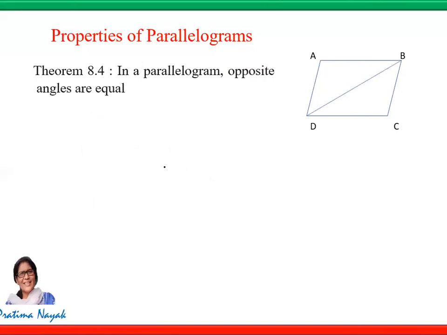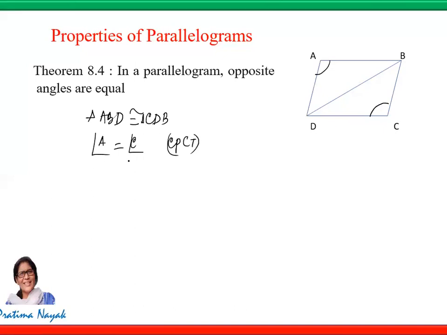Next, in a parallelogram, opposite angles are equal. We have already proved they are congruent triangles. Triangle ABD is congruent to triangle CDB. So angle A is equal to angle C, by CPCT, corresponding parts of congruent triangles.